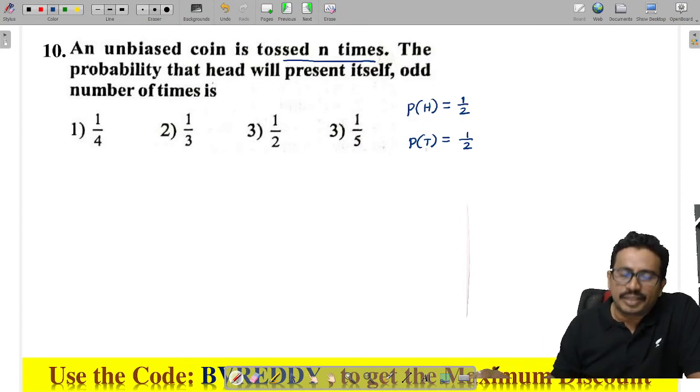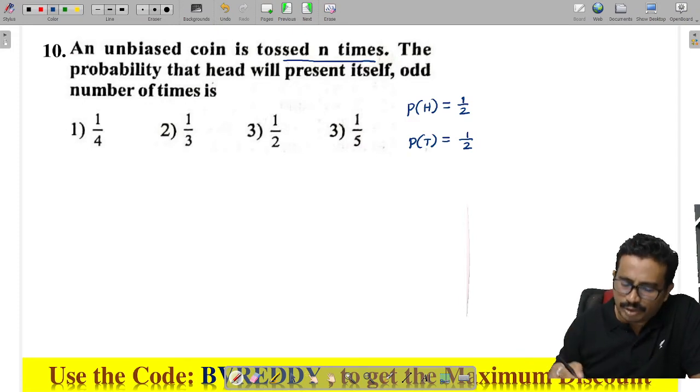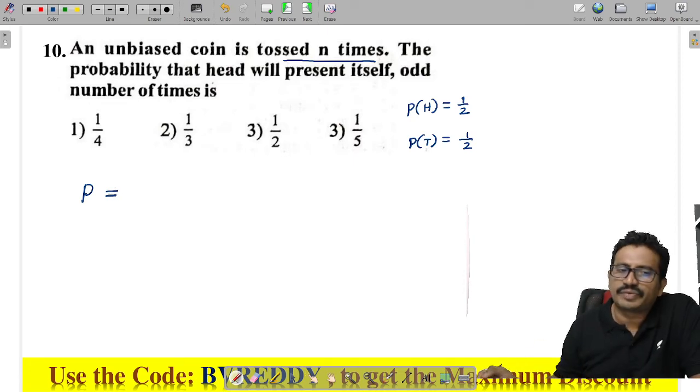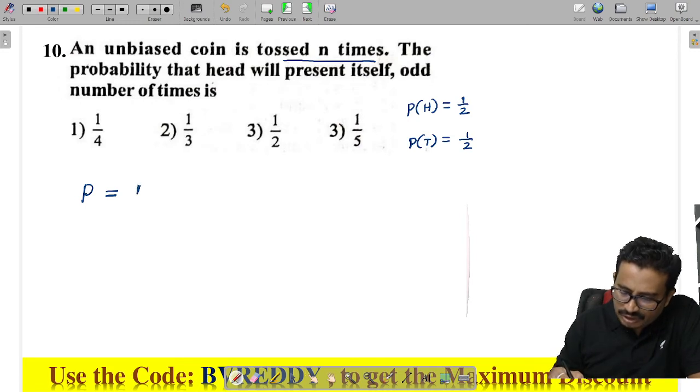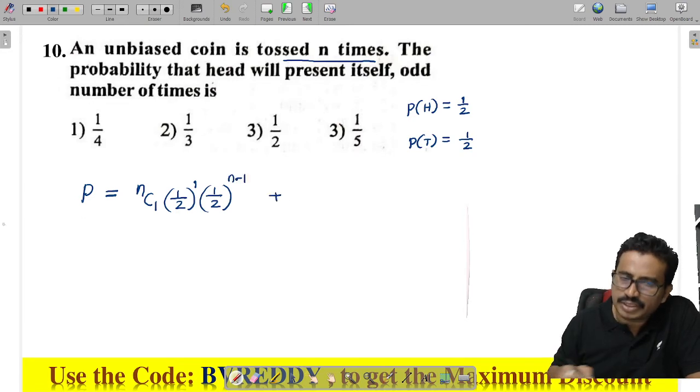Now, odd number of times means I need the probability of getting head an odd number of times, which is given as: first time, nC1 into 1 by 2 to the power 1 and 1 by 2 whole power the remaining times, n minus 1, plus.